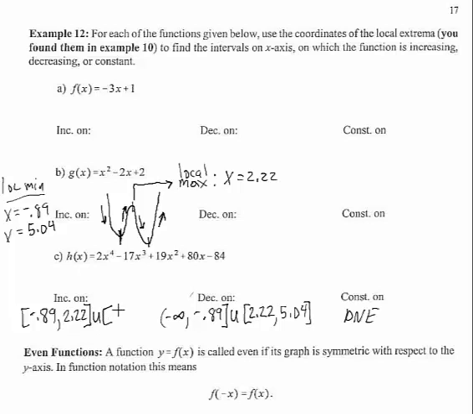Union symbol to mathematically join these two intervals. Union just simply means this interval or the next. And we pick up the final portion of the increasing interval with the 5.04, and it continues that behavior out to positive infinity.